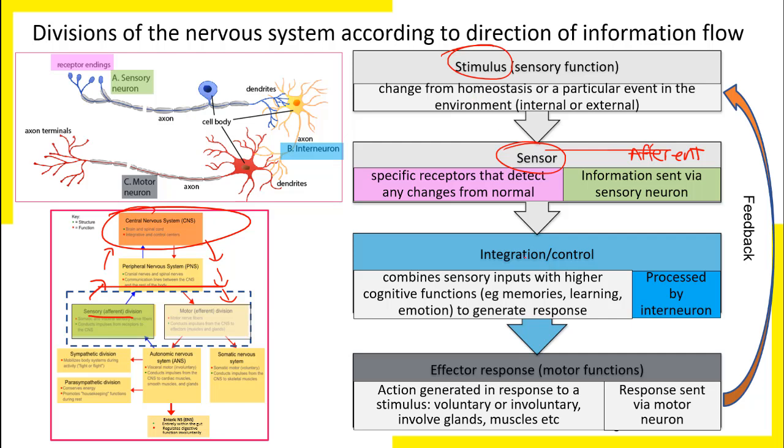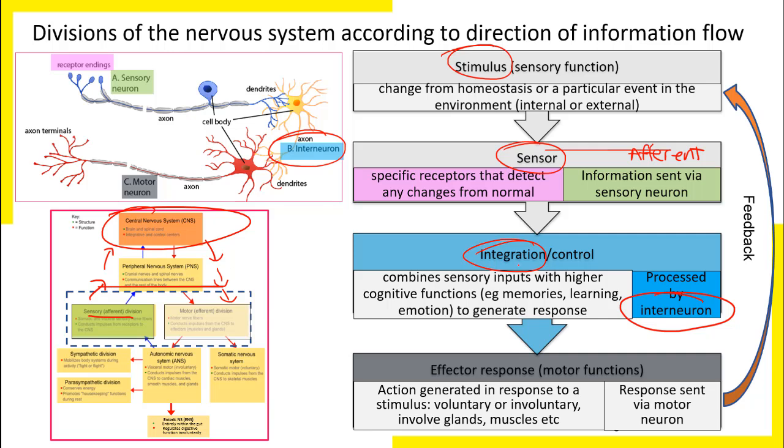In the central nervous system, there are a lot of different inputs. The central nervous system integrates all the inputs and generates an output, and that processing and integration is done by interneurons within the central nervous system. And then it generates a response.